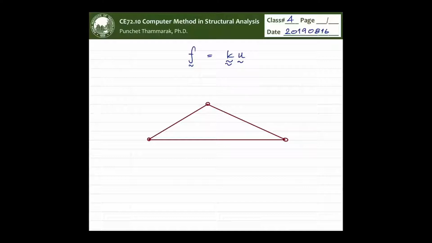All 3 members have their own local coordinates, and that depends on how you set up the starting node and the ending node. Here we have member number 1, member number 2, and member number 3.